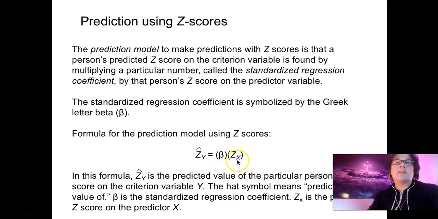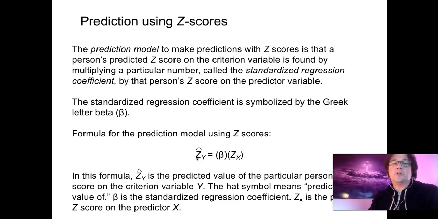Except now, instead of entering a participant's x value, we're going to enter the standardized value for x, their z-score of x, multiply it by some coefficient called beta, and we're going to get a standardized predicted score of their y variable.